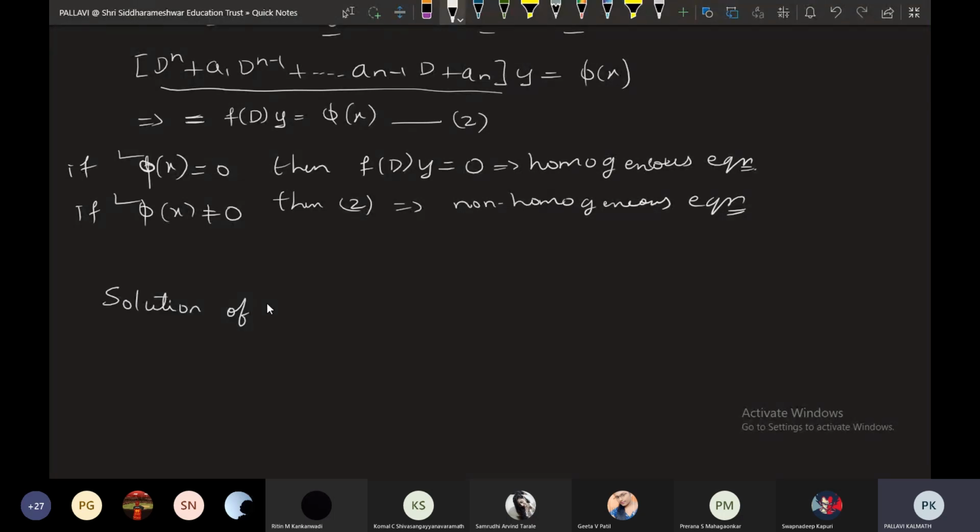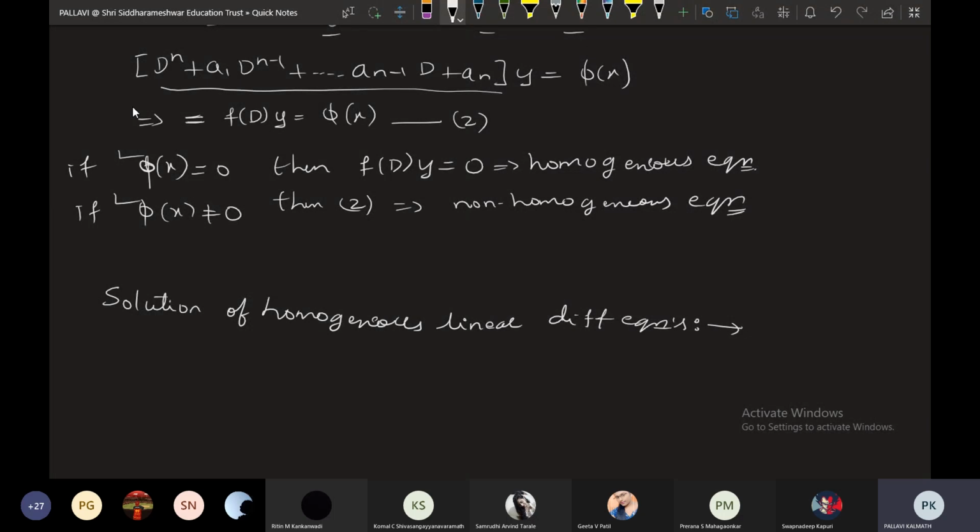Solution of homogeneous linear differential equations. So for the solution of homogeneous differential equation, let us consider equation in the form.